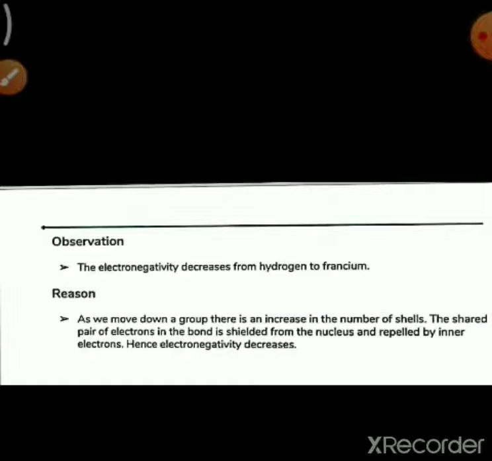As I told you, down a group your atomic size increases, because the number of shells increases and the number of electrons increases.